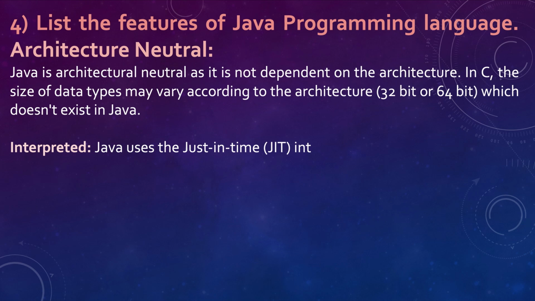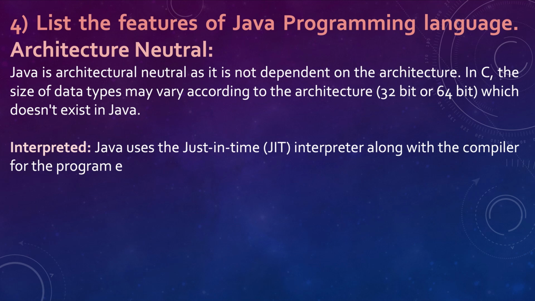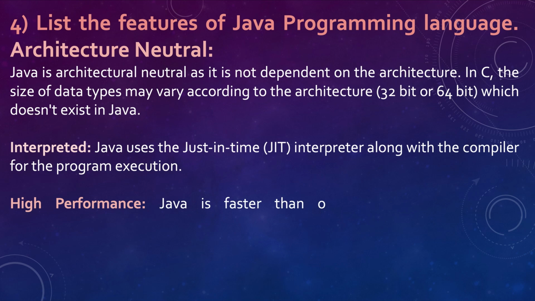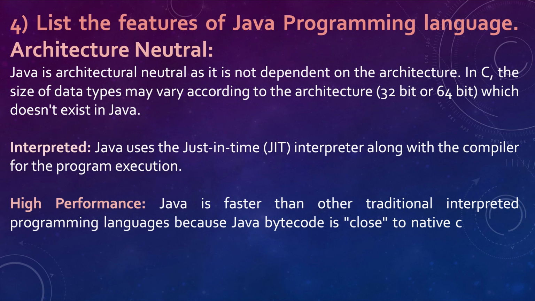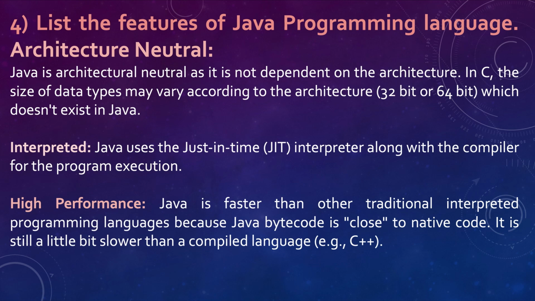Java uses the just-in-time interpreter along with the compiler for program execution. High performance. Java is faster than other traditional interpreted programming languages because Java bytecode is close to native code. It is still a little bit slower than a compiled language, for example C++.